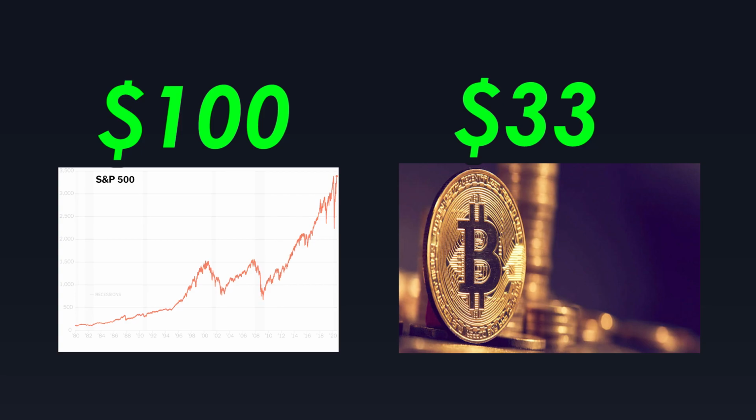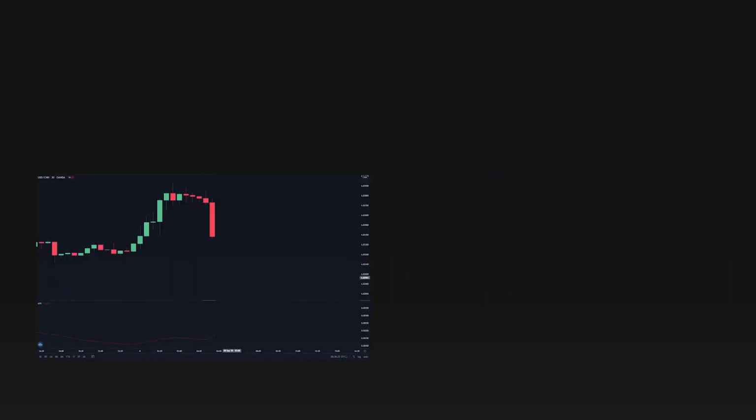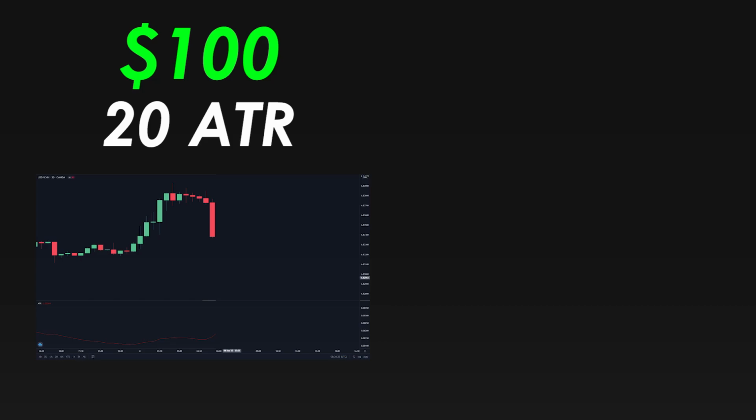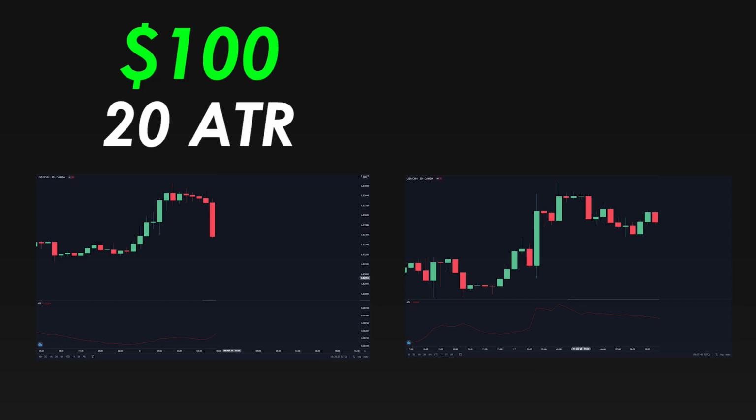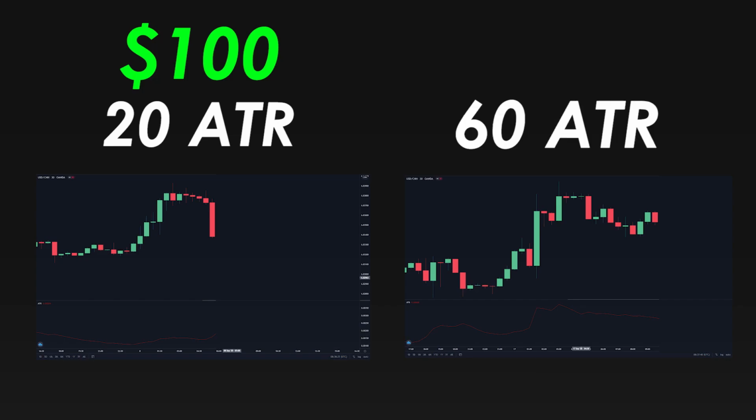So instead, what you actually want to do is this. Let's say per trade, you are risking $100 on a market with 20 ATR. If next time you want to trade with a market that has a higher volatility of, let's say, 60 pips ATR, since it's 3 times more volatile than the first one, that means you want to put your capital 3 times less.